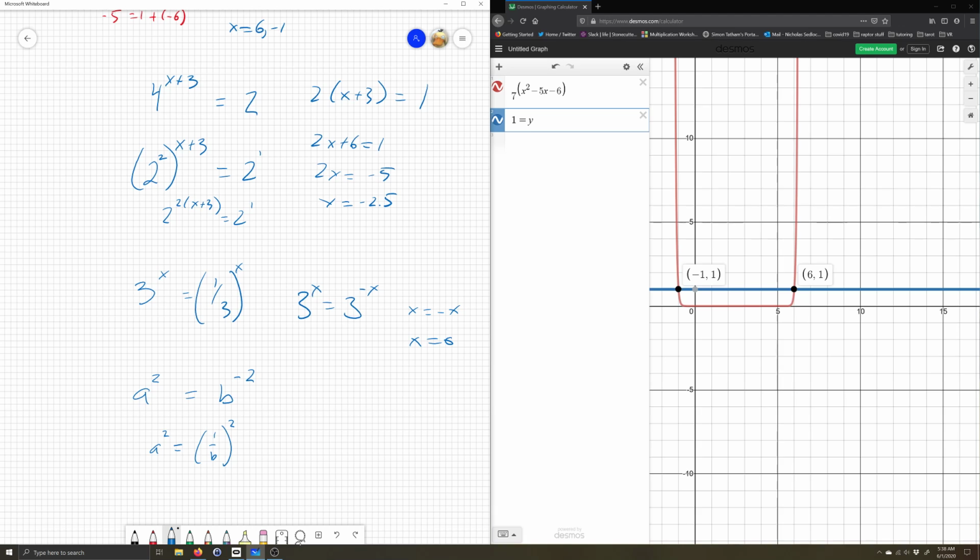So if these things are the same square, then that means you take the square root of both sides and you get a is plus or minus 1 over b. And so then you get that a times b is plus or minus 1, which is a lot of things.